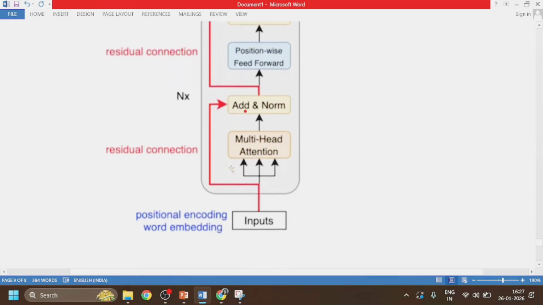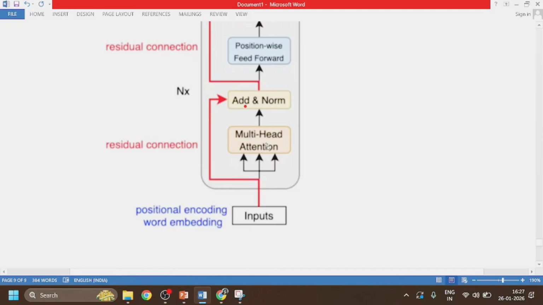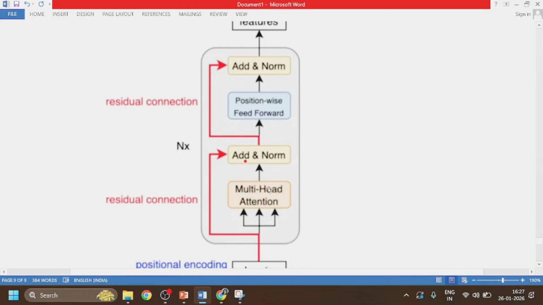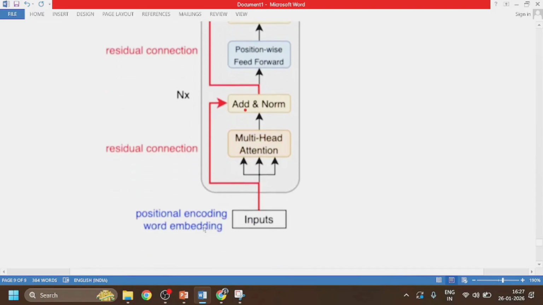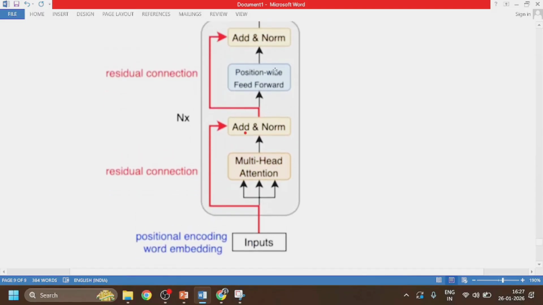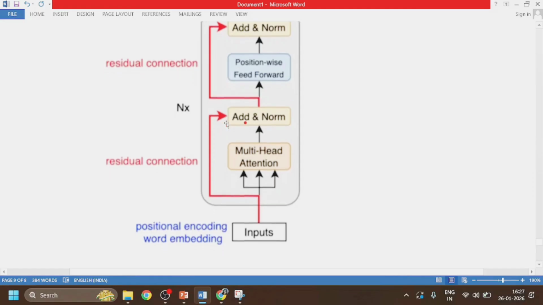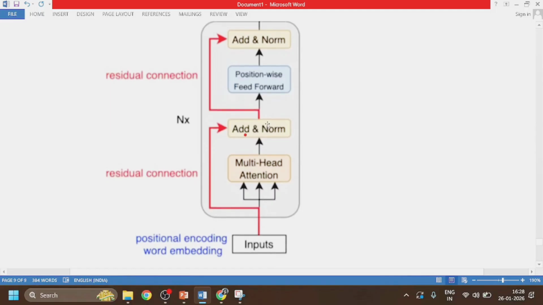By this method, attention gives you context, and the feed forward neural network adds depth. Positional encoding adds order, and the residual connections, shown in red, along with normalization add stability. Together they make the transformer scalable.